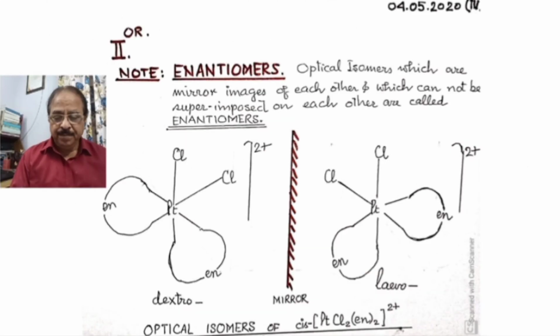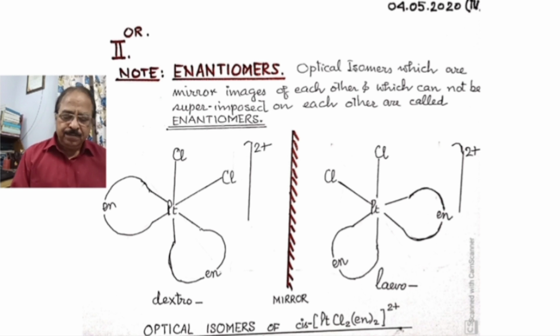Now here, yet another example of the second type of octahedral complexes is discussed with you. Now see, these are the structures of the two isomers of a platinum complex.